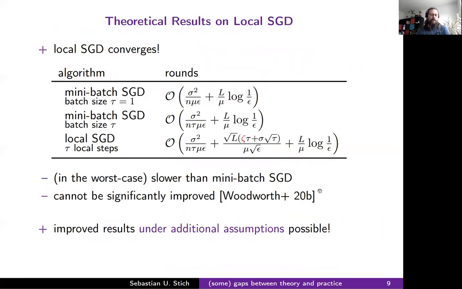So for instance, when we look at the convergence guarantees, we often see that, or we can prove that, local SGD is under the standard assumptions worse than mini-batch SGD. I mean, the right comparison is a bit tricky and one needs to pay attention to details. So please have a look at this work by Blake Woodworth and co-workers.